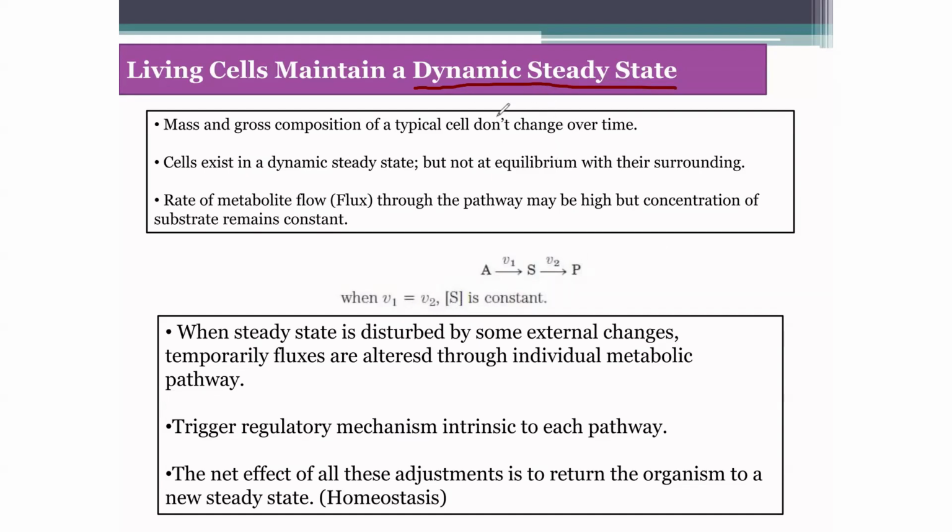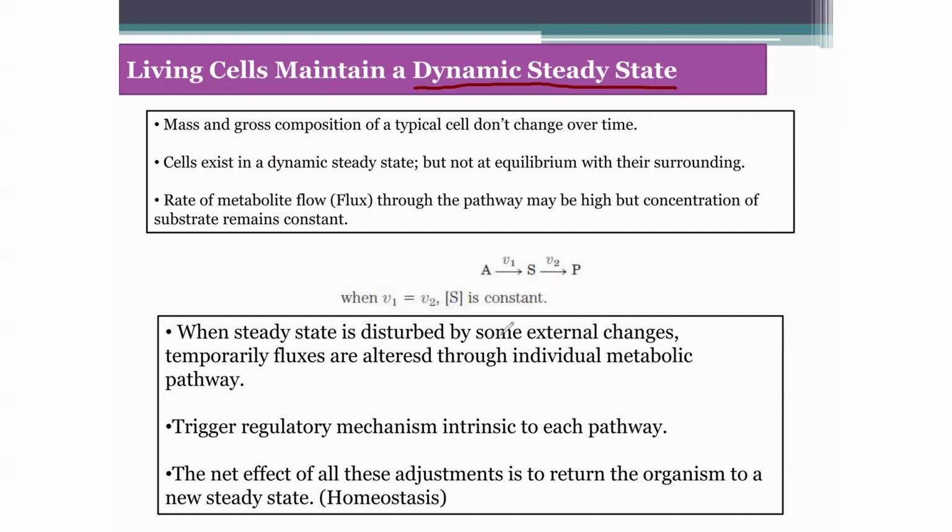So when we are talking about a steady state, it's like an equilibrium. But in the case of the steady state dynamics, it's just that we are trying to maintain the concentration of the molecules.